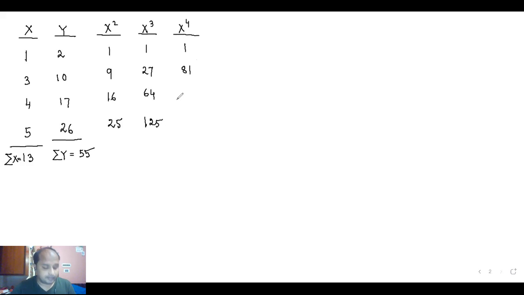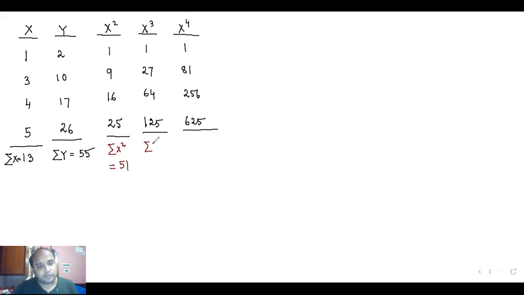And this would be 256. And that would be 625. Okay, so we have got these values from here, and consequently the sums can also be calculated. So summation X square, which is 25 plus 16 plus 10, that is 51.